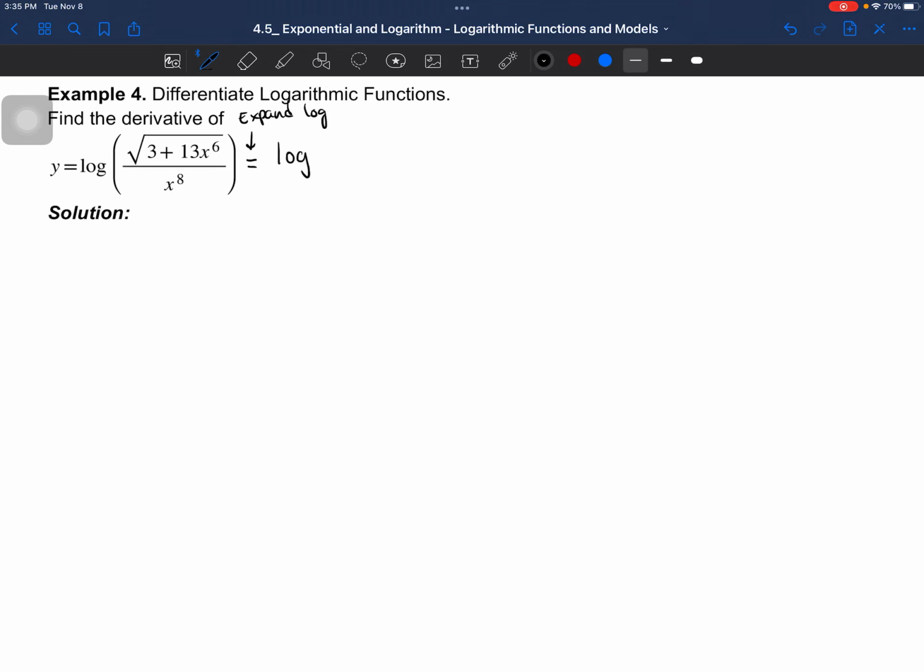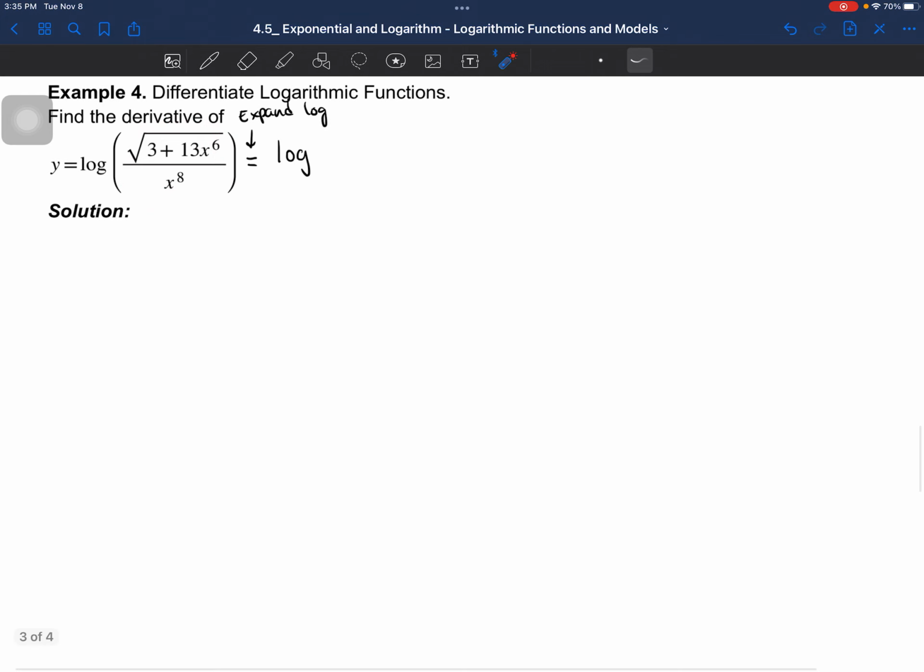But before we do that, we're gonna rewrite this by expanding the logarithm. We're going to use those properties that we discussed earlier. Because there is a division within the logarithm, we can separate this into two different logarithms, a logarithm minus another logarithm.